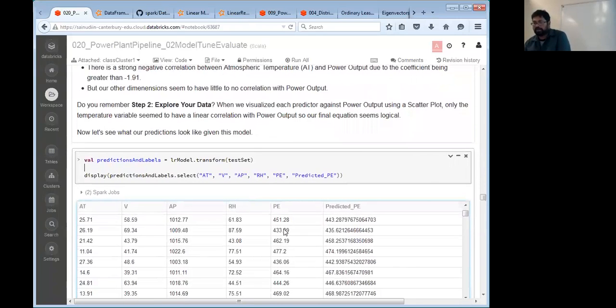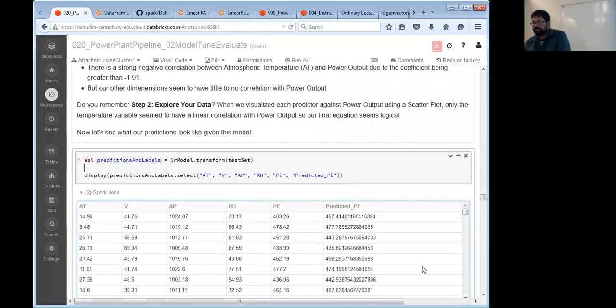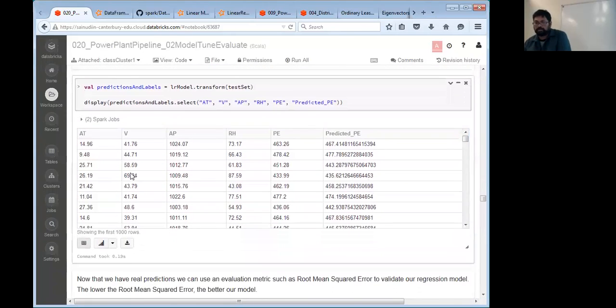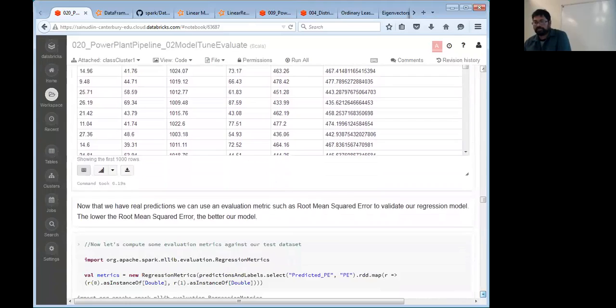And so we have your power output and the predicted power output. So you can see, it's kind of off, but maybe not too far off, right? So this is just the fit from the linear regression. It's from a 4 dimensional feature space.